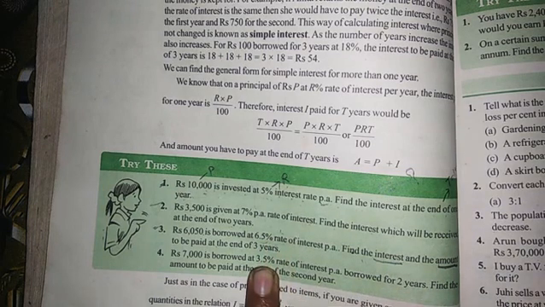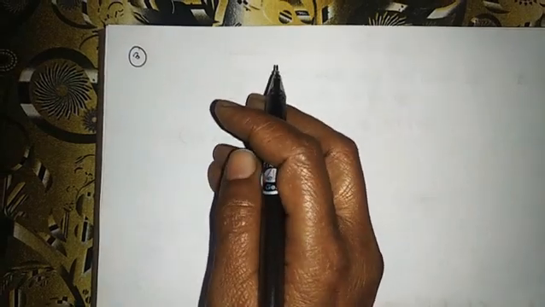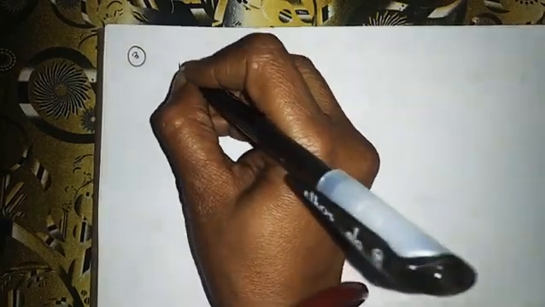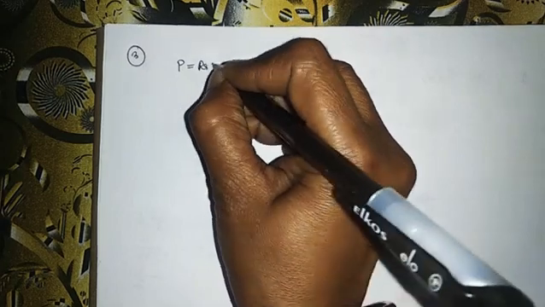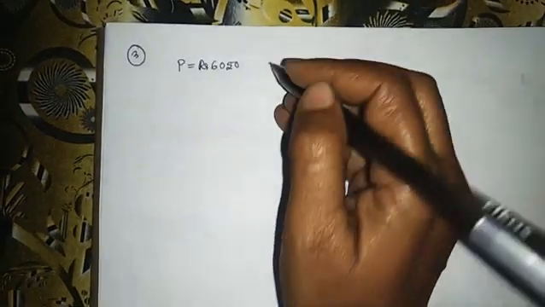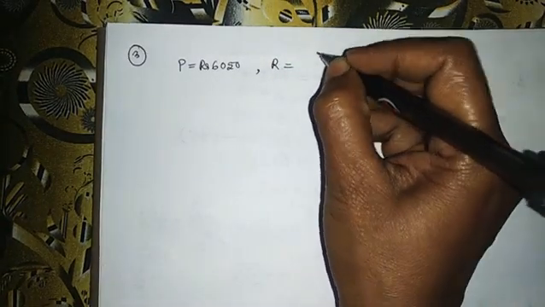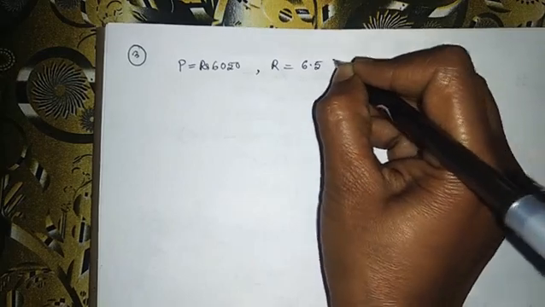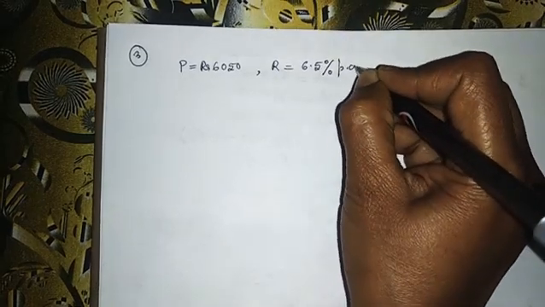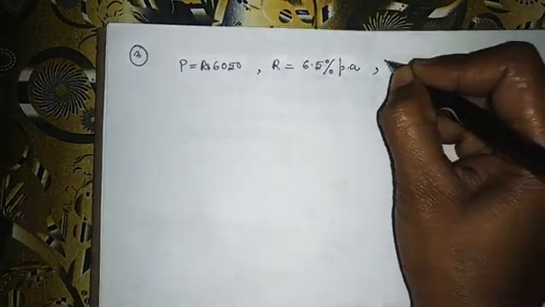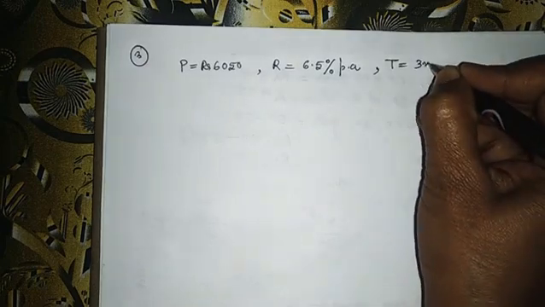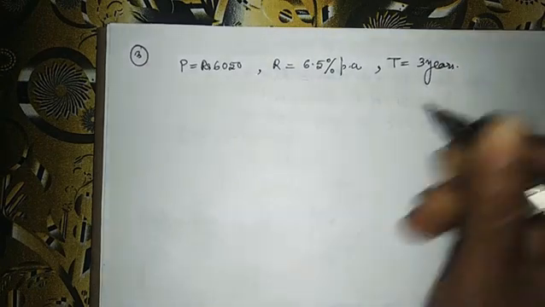Now see the question. Here in this question, children, principal P is rupees 6,050, and R, rate of interest, is 6.5% per annum, and time is 3 years.